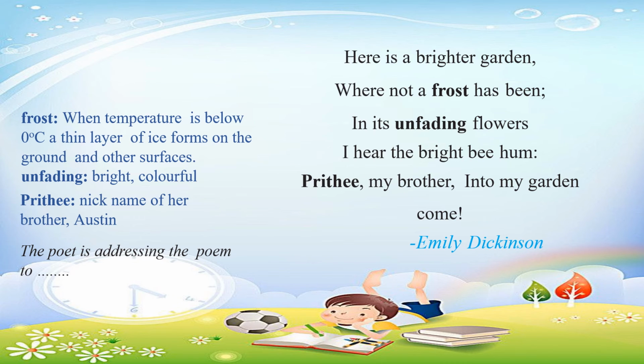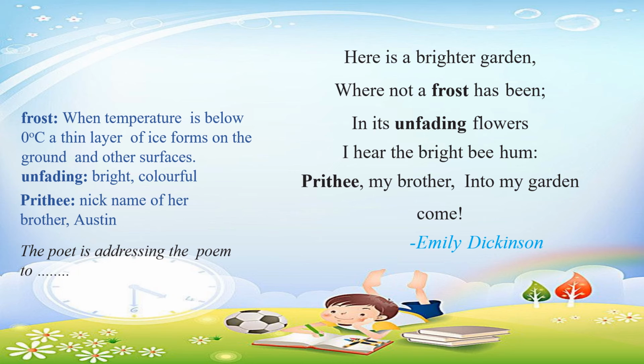Emily is boosting her brother's mindset, and she is saying that around her here is a brighter garden. Though there is a faded forest around him, around her there is a brighter garden. The things are good here. Here where not a frost has been.